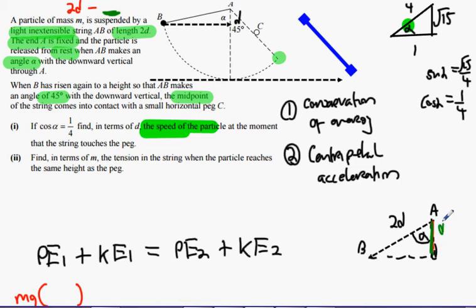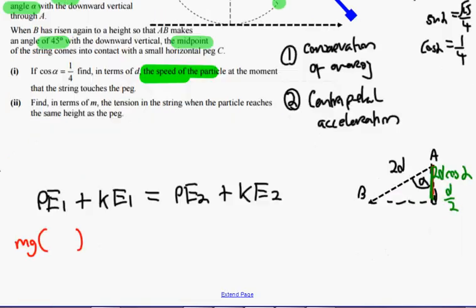Okay? So in ABD there, this actually corresponds to the green distance. It's going to be 2D cos alpha. Cos alpha is a quarter. That's going to make it D over 2. What's 2D minus D over 2, anybody? 3D over 2. So that distance there is 3D over 2.